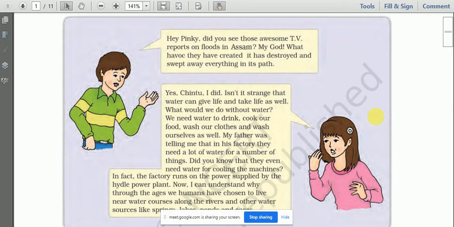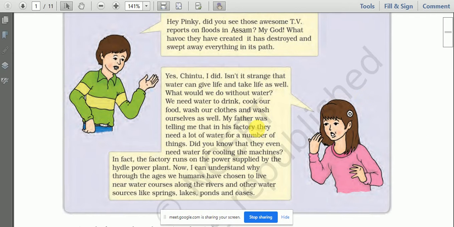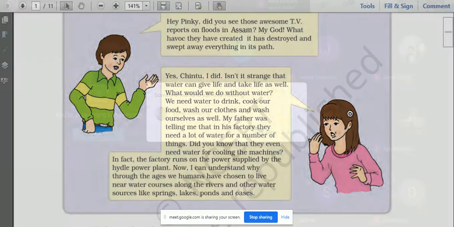Not only in day-to-day life, it also tells the importance of water in economic activities. See, if you read this area, we need water to drink, cook our food, wash our clothes, then wash ourselves.